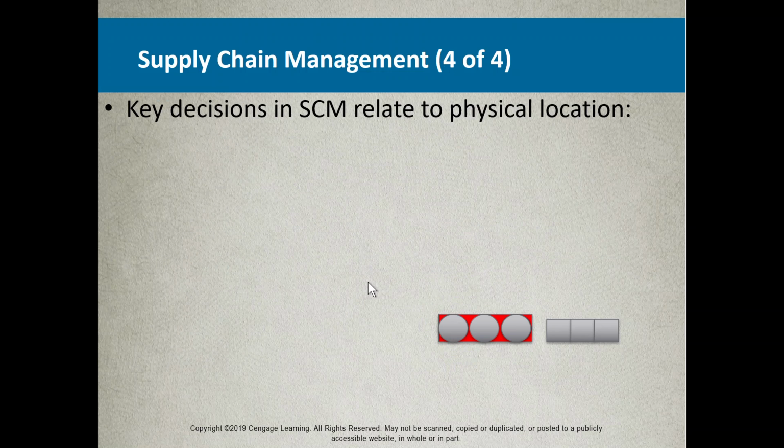Another key thing to keep in mind is that when these supply chains are set up, a lot of thought has to go into where they are going to locate physically. This will have a bearing on students that are applying for jobs, because the jobs sometimes are located physically near the material location. Not always, but it can be. With someone like Amazon, they're creating these large distribution centers in geographic locations.